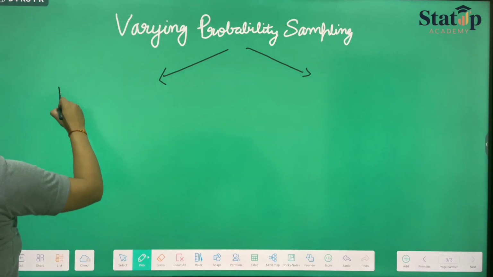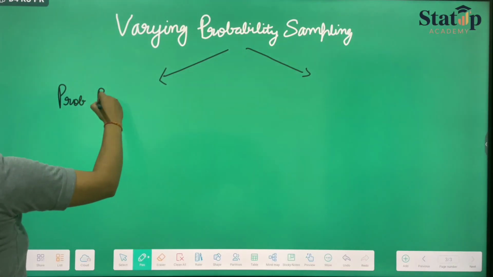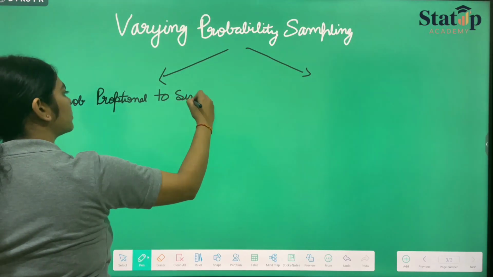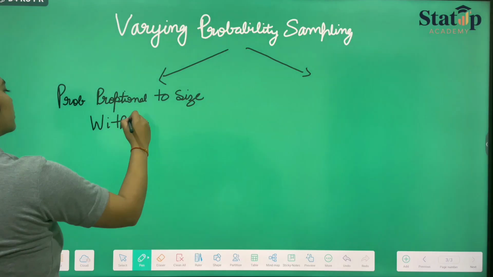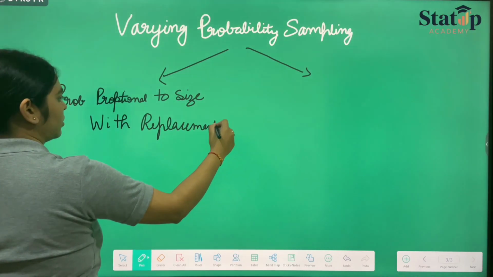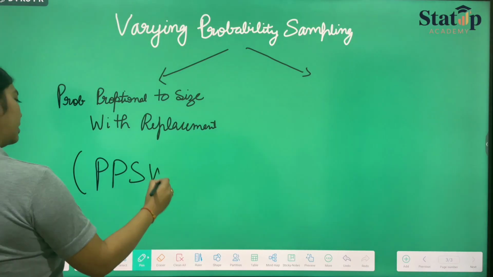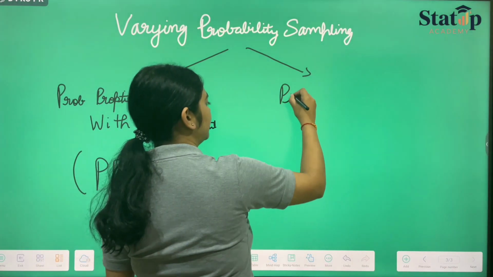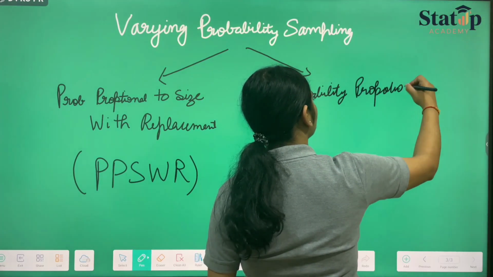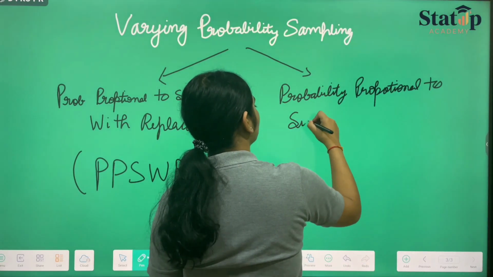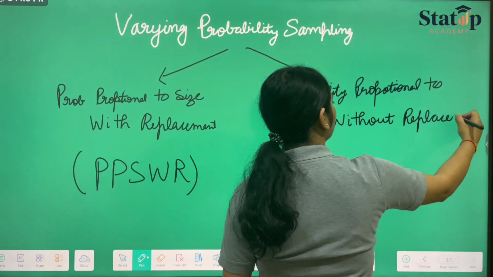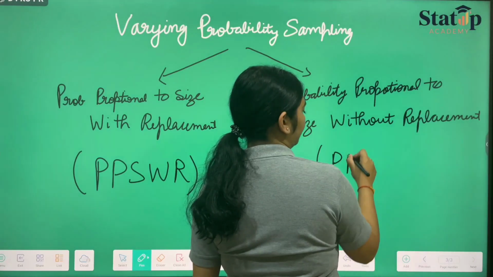One is probability proportional to size with replacement, also known as PPS, and probability proportional to size without replacement, which can also be written as PPS.